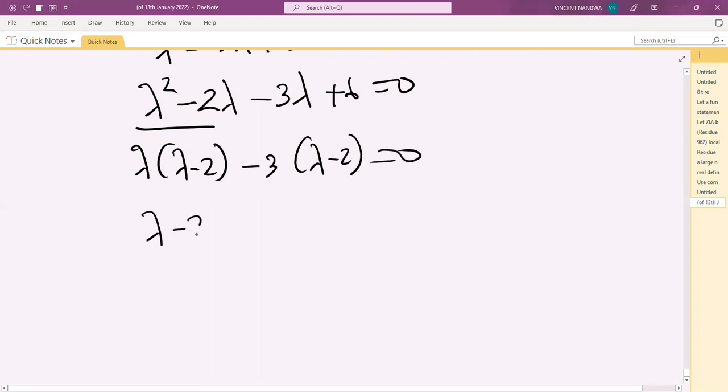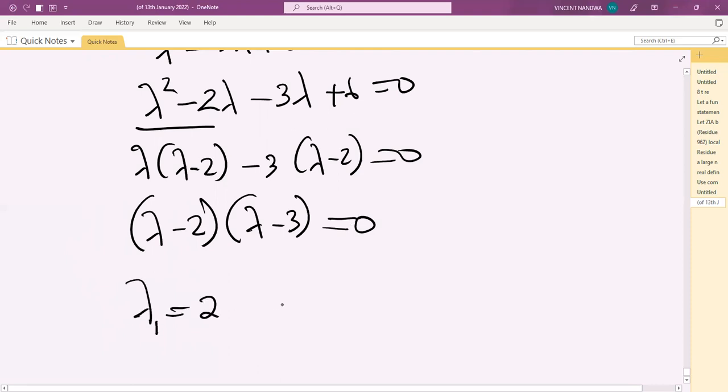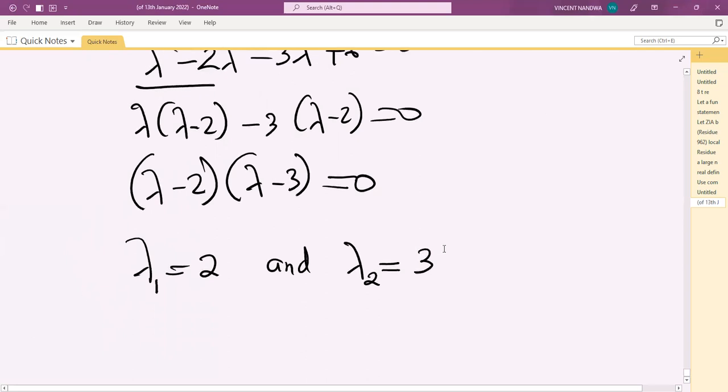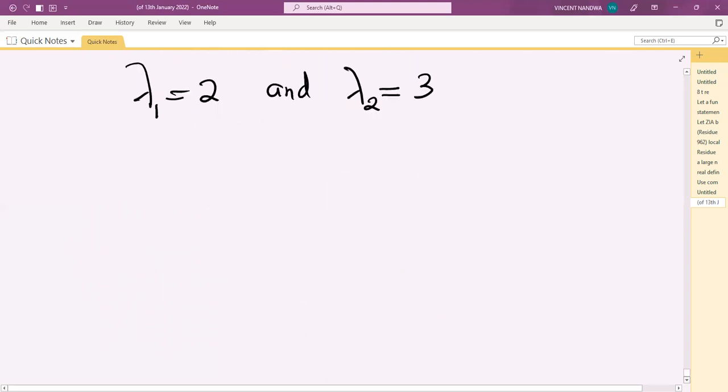So lambda minus 2 times lambda minus 3 equals to 0. So you say lambda 1 is 2 and lambda 2 is given by 3. So once you get eigenvalues, you get eigenvectors.